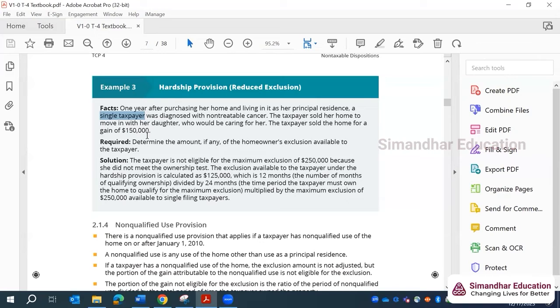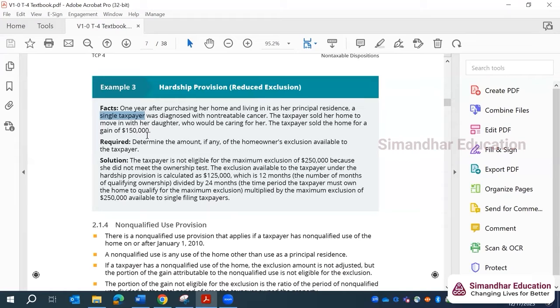I can exclude up to $125,000, but I will still have to go ahead and pay taxes on the remaining $25,000.